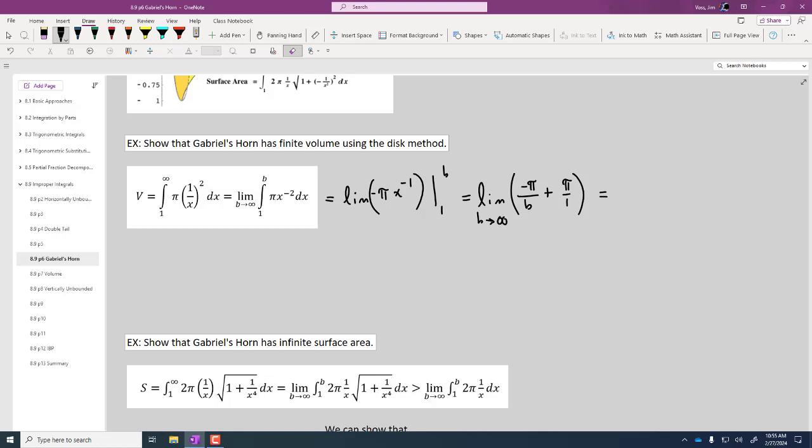So that's pi. The pi over b part is going to 0, correct? As b goes to infinity, a constant divided by a number going to infinity is going to make the fraction go to 0. So that is our volume. Pi cubic units of paint, if we were painting it.